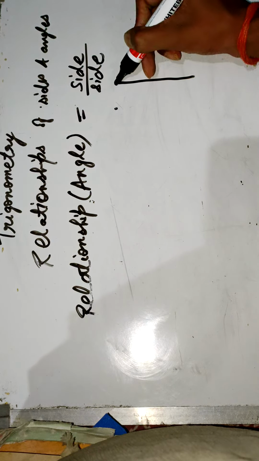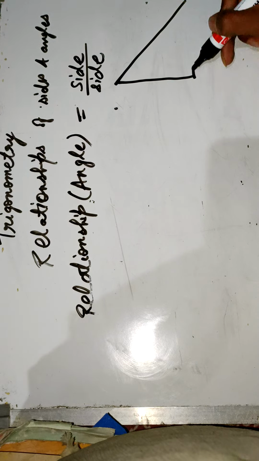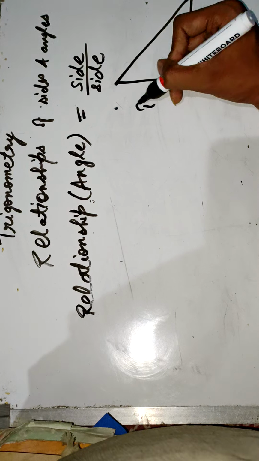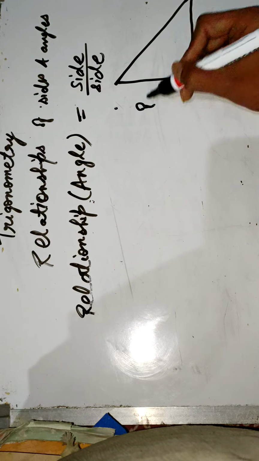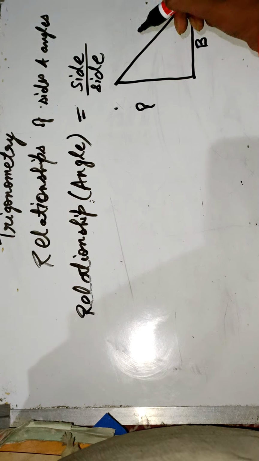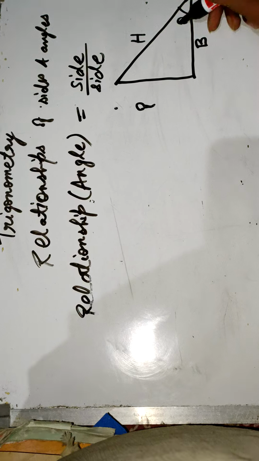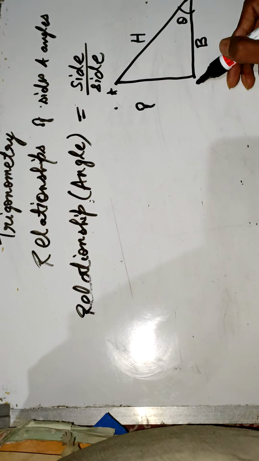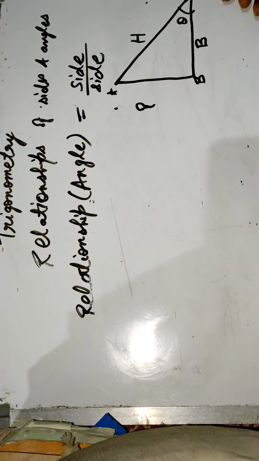As we have seen, a wall was there, a land was there, and a ladder was there. The wall became perpendicular, the land became base, and the ladder became hypotenuse. And there's an angle theta. Let it be A, let it be B, and let it be C.